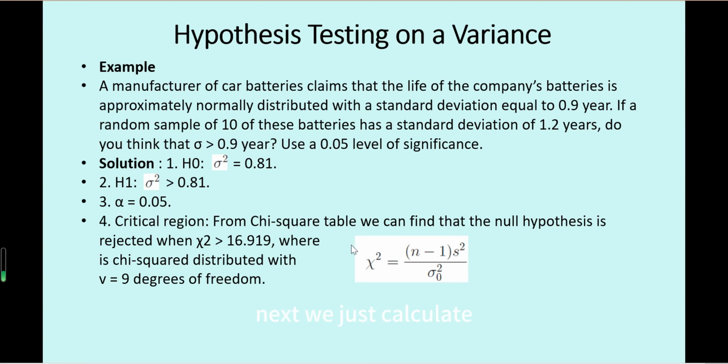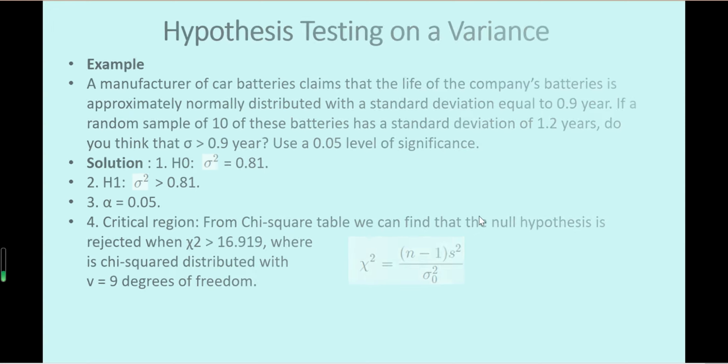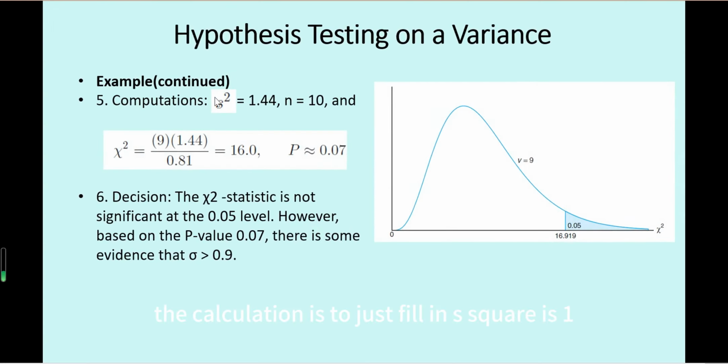Next, we calculate the sample statistic. We fill in s square as 1.44, because the sample standard deviation is 1.2. Then n is 10, and chi-square is 16. You can see this is the one-tailed test.